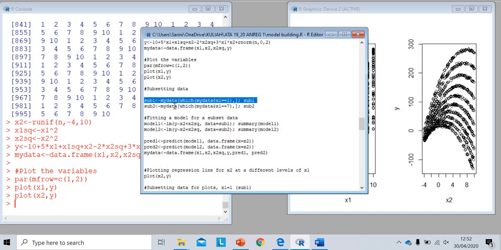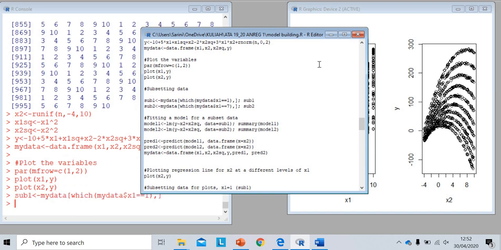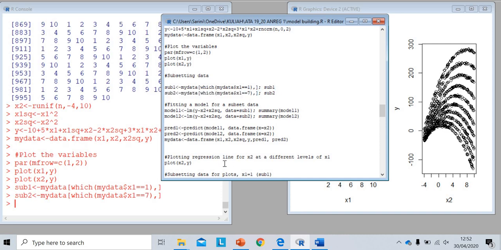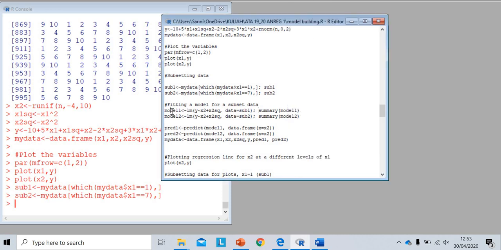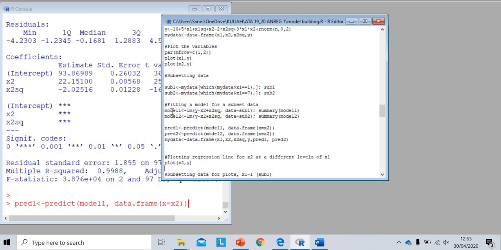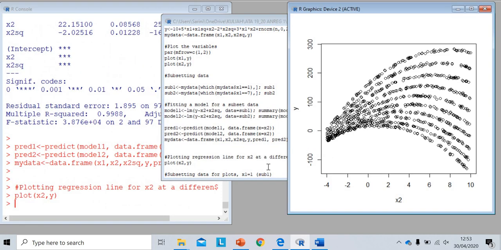So the first subset is for x1 equals 1. This is how we subset the data. And then the second subset is for x1 equals 7. Then let's see how x2 and y are related for different values of x1.